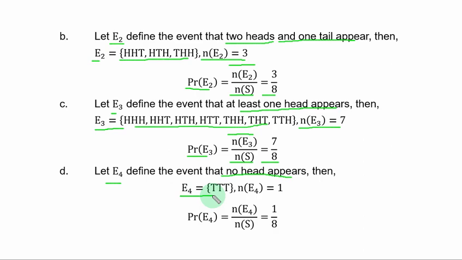That is, you have tails, tails, tails, and you have one of it. Number of elements in that event is 1. So therefore, probability of E4, that is, no head appears, is equal to the number of elements in E4 over total elements in the sample space, and that is 1 over 8.